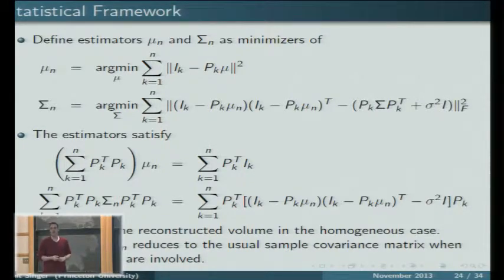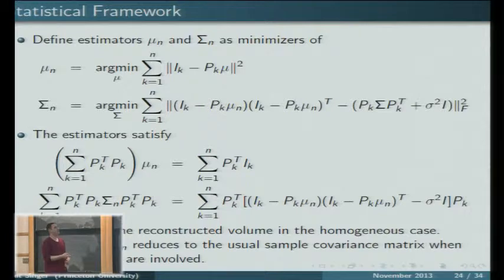That's a least squares formulation. Similarly for sigma, we know that this is going to be the expectation of this guy, so they should be close. So we'll estimate sigma by minimizing a squared loss function, which is just the Frobenius norm of this matrix.